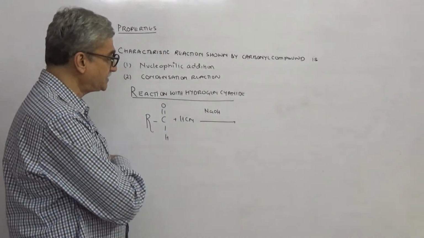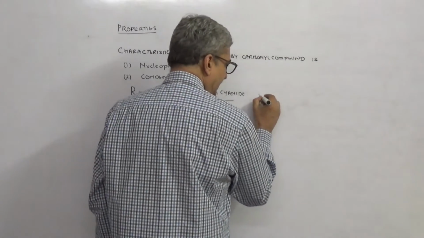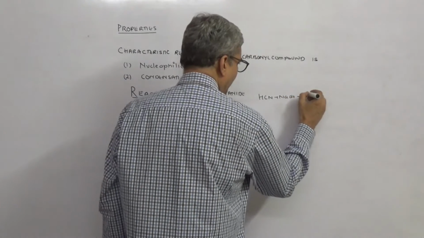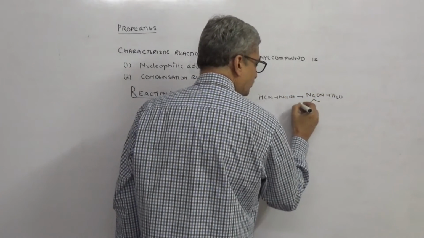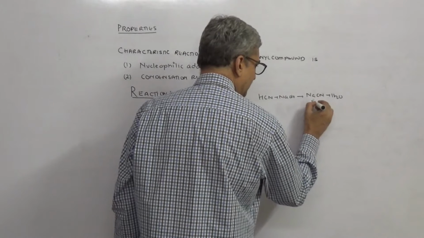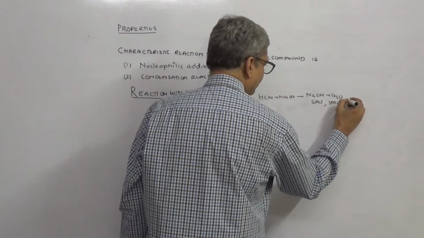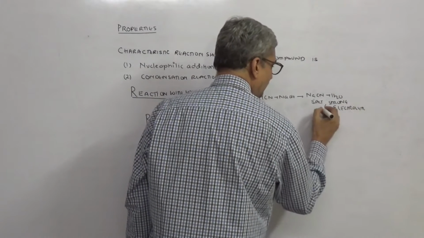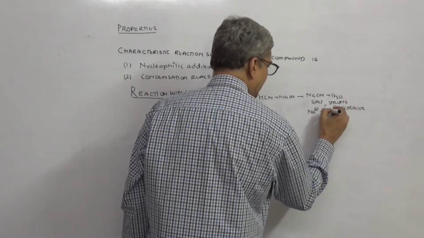HCN is a weak acid. So HCN, a weak acid, reacts with NaOH, a strong base. It forms a salt, sodium cyanide, plus water, and sodium cyanide is a salt, a strong electrolyte. So it's going to exist only as Na plus and CN minus.